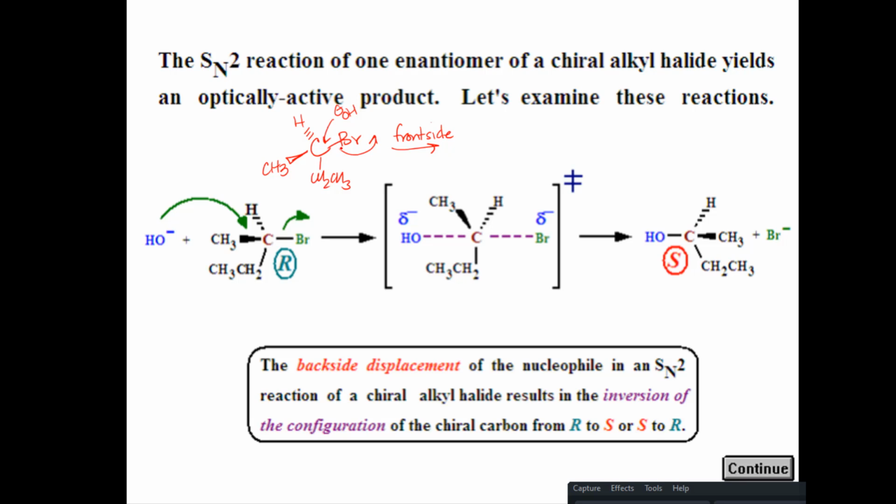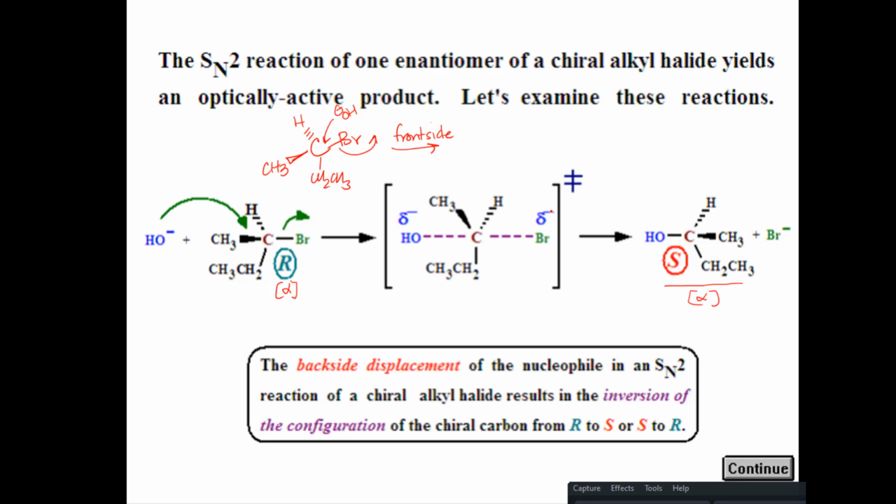So the way we know that backside attack is the way that this reaction goes is I take, for instance, this R 2-bromobutane, and I know what its specific rotation is, and I react it with hydroxide, and then I determine what is the optical rotation of the final product.